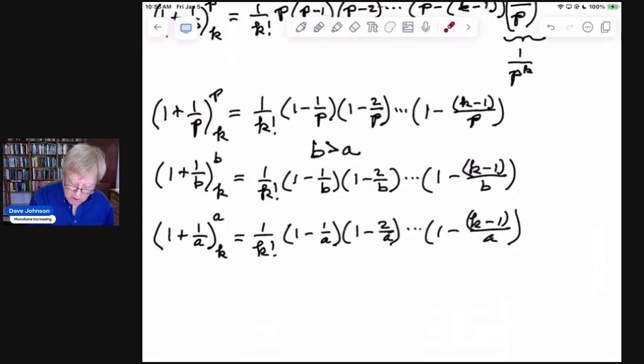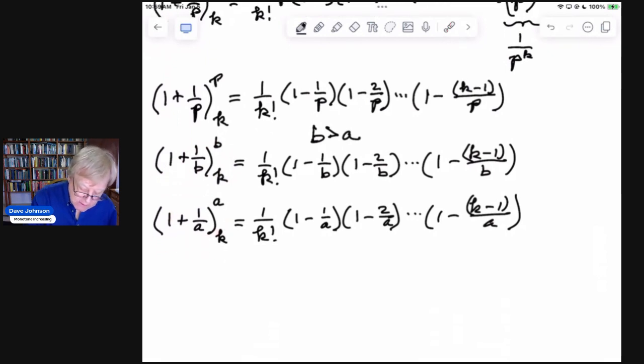The same here and the same here. And k factorial doesn't even enter into this consideration. So this term, the kth term of 1 plus 1 over b to the b, is going to be bigger than this term here.